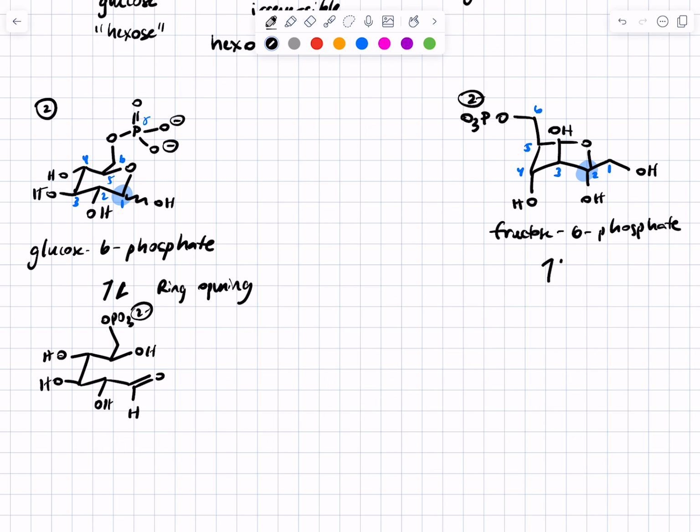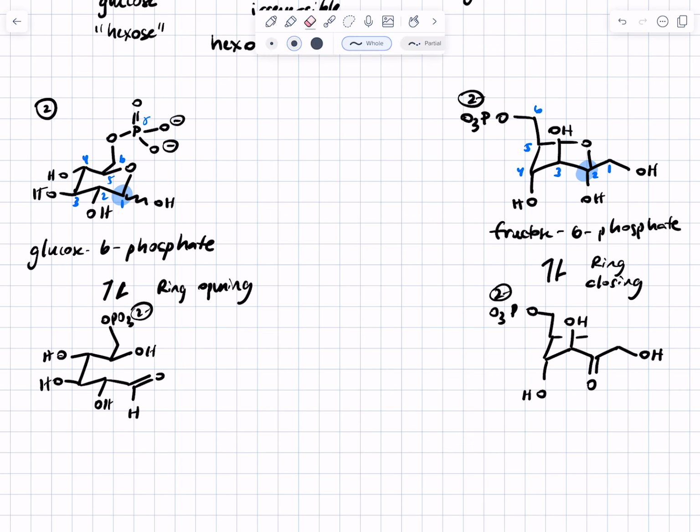Whereas if fructose were to open up, here I'm going to call this ring closing because we'll be going forward from glucose to fructose. But I'll draw the ring opened form of fructose. Would indeed be a ketone. C2 is going to be the one that's the carbonyl. So you can see that fructose 6-phosphate is a ketone.